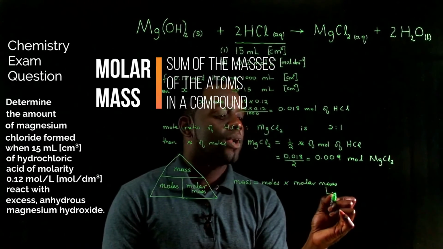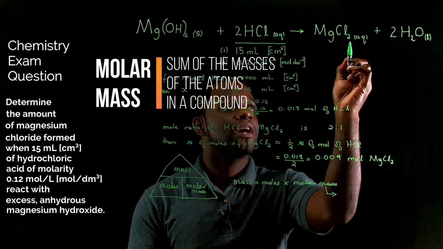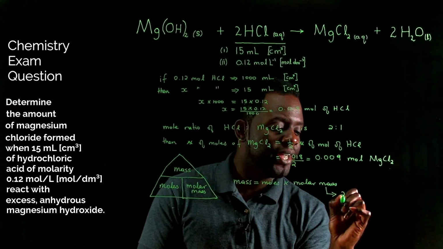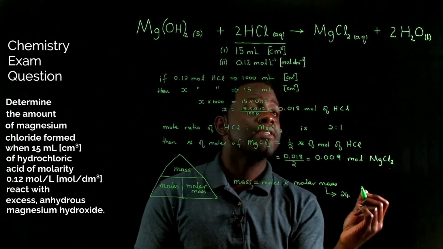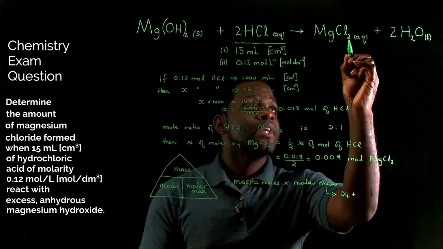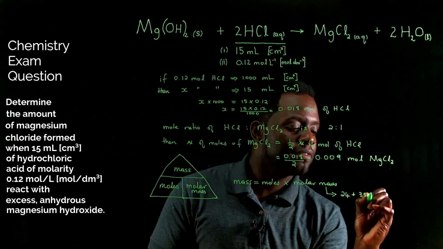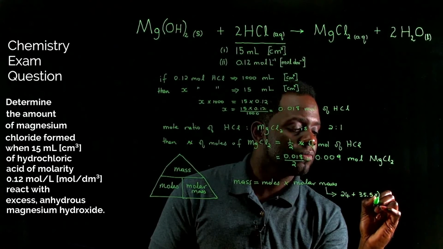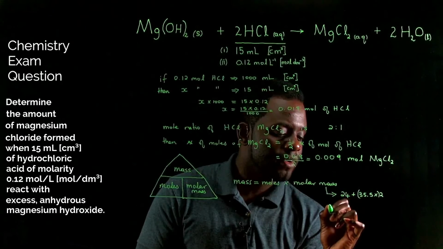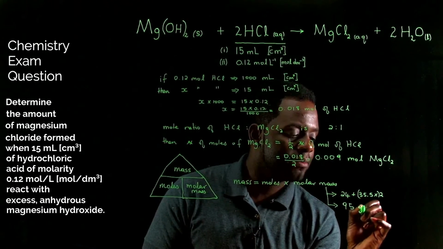We find the molar mass by adding all the masses of the atoms in the compound together. So the mass of magnesium is 24. We get this from the periodic table. We need to add that to the mass of 2 times chlorine, so that is 35.5 times 2, and that is equivalent to 95 grams per mole.